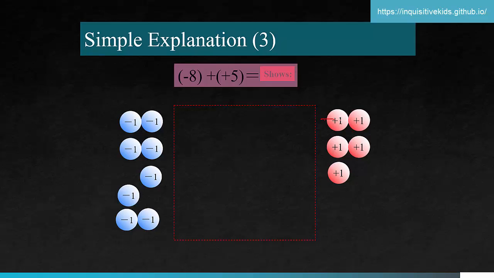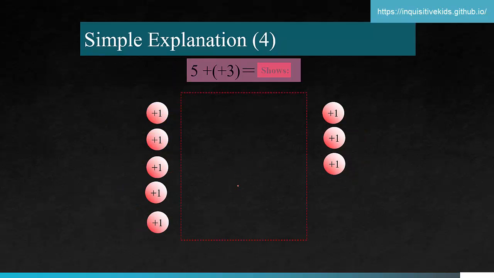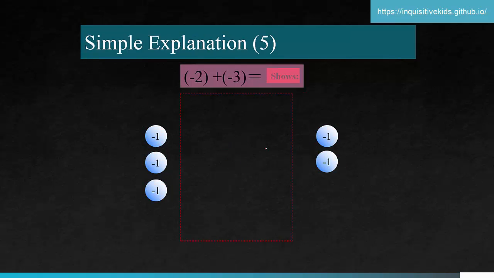So here the 5 positive ones cancel out with the 5 negative ones. So we end up with negative 3. And here we have all positives, so nothing will cancel out. So we can just add them into 8. Here we have negative 1s, and 2 plus 3 is 5, but it's negative, so it's negative 5.